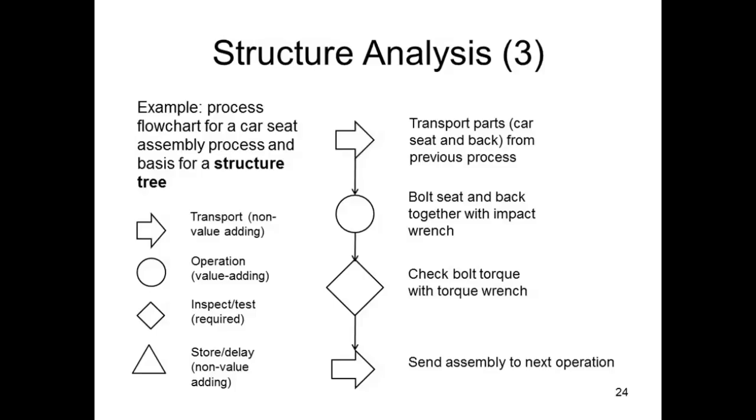Failure to do so depended on worker vigilance. Now, as soon as we see worker vigilance in any Shigeo Shingo case study, we know that errors and omissions are going to happen, because worker vigilance simply doesn't make it impossible.